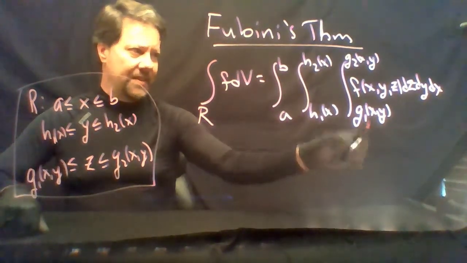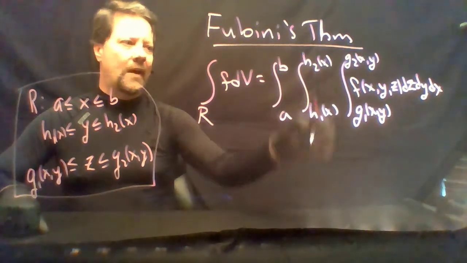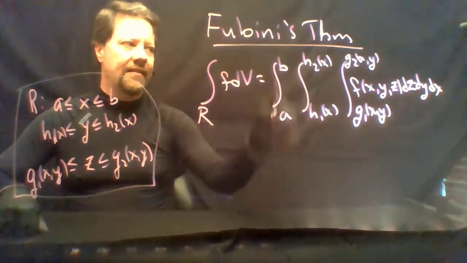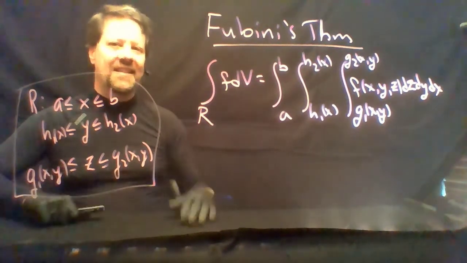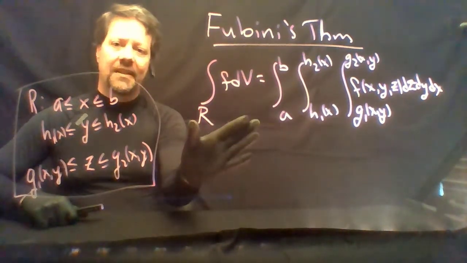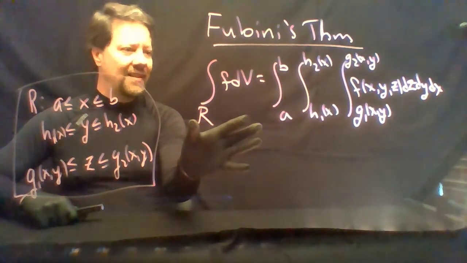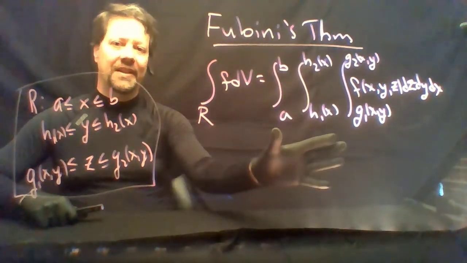You can see these are the z limits of integration, and then the y limits of integration, and then the x limits of integration. Fubini's theorem allows us to replace a limit of crazy Riemann sums with iterated integrals instead.